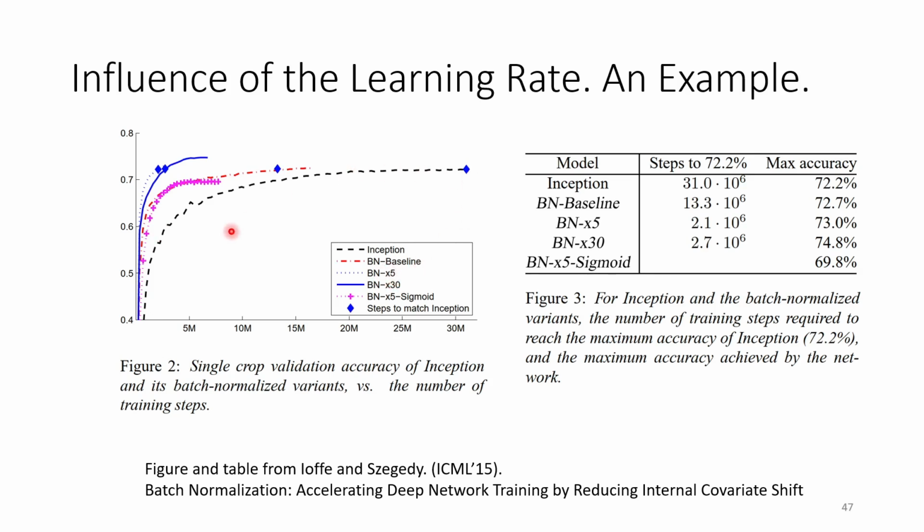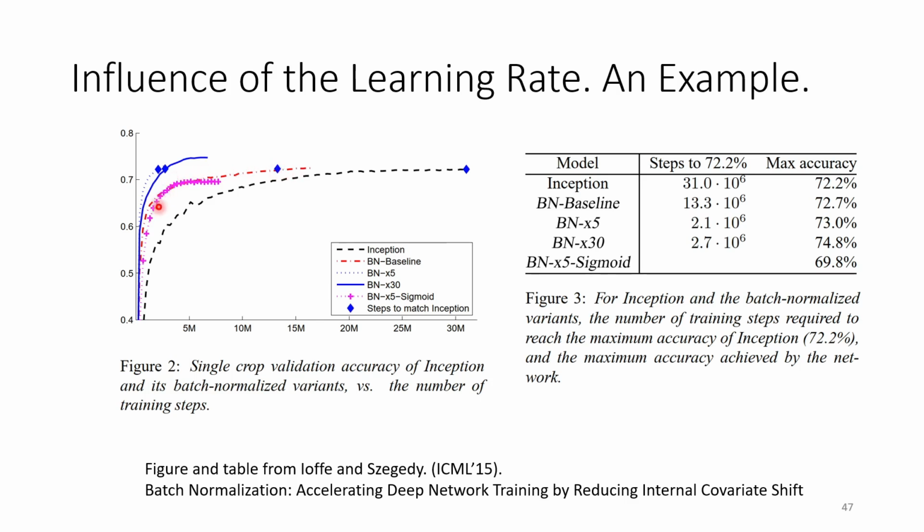The horizontal axis means how many steps they need to update their weights.